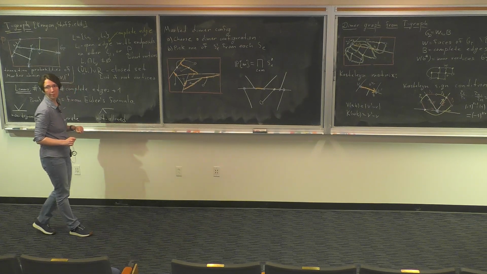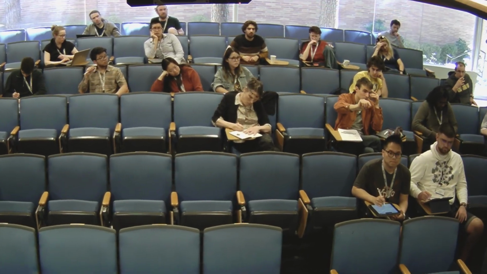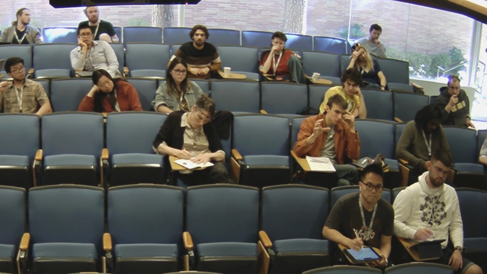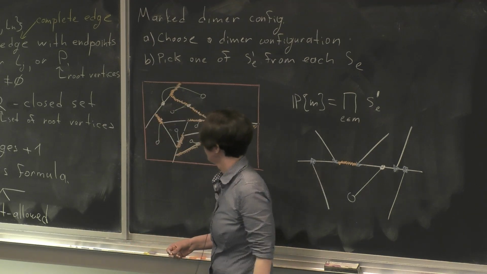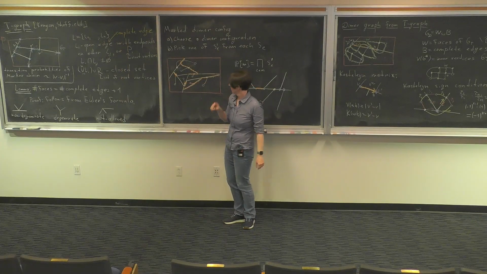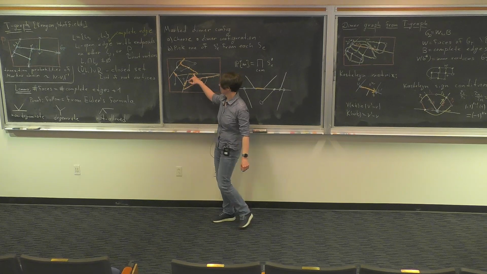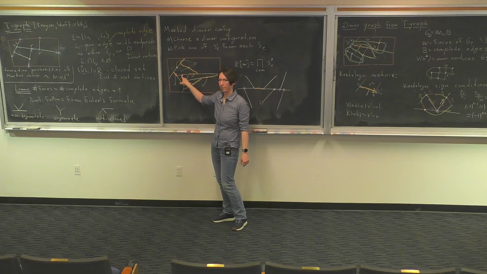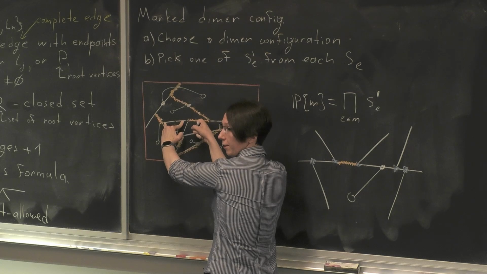This might be stupid, but does it all depend on where you place the black vertices on the open edges? No, I was just making a choice such that it's a nice picture. Here is an example, right? I can choose this one. But in the beginning, you choose where you put the black vertices along the edges. For example, this black vertex can be shown like here, right? But I'm not allowed to choose this piece for this edge.